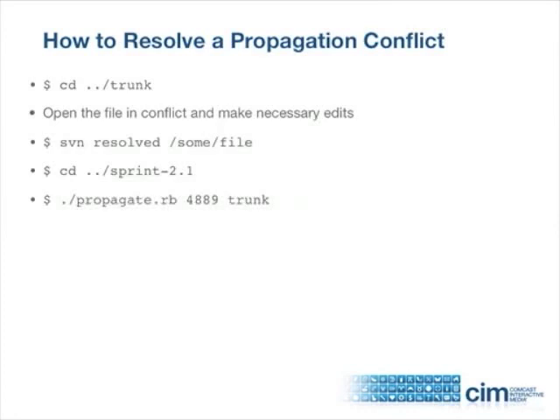Again, in the case of this example, the conflict exists in trunk, so we cd into trunk, we open the file in conflict, make the necessary edits to resolve the conflict, mark the file as resolved with SVN resolved, go back to the original branch from which we were propagating, and rerun the propagate script, again specifying the change set number.